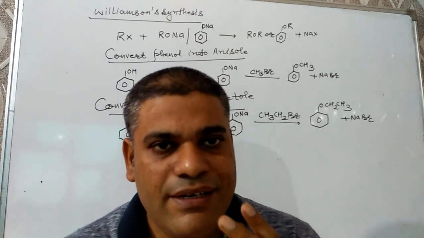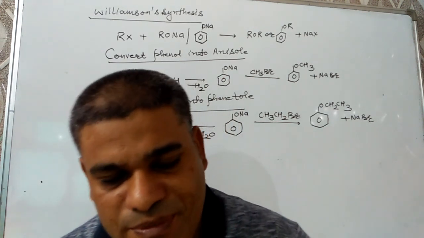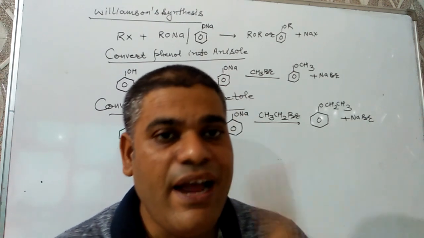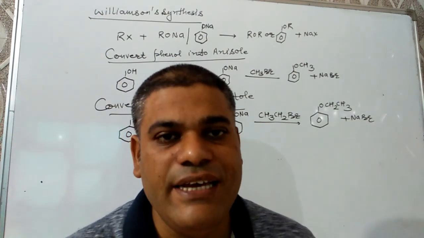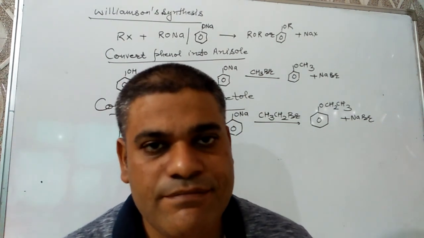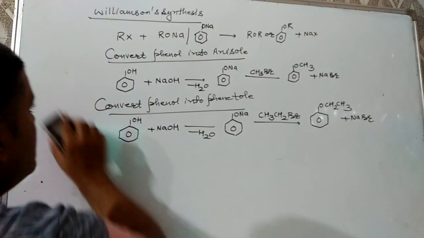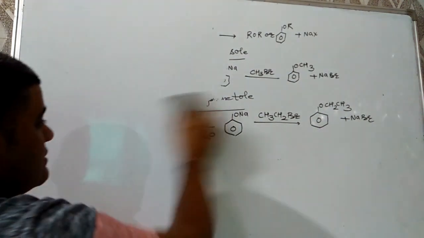Keep it in mind, only primary haloalkanes form ethers, while secondary and tertiary will form alkenes due to higher reactivity.